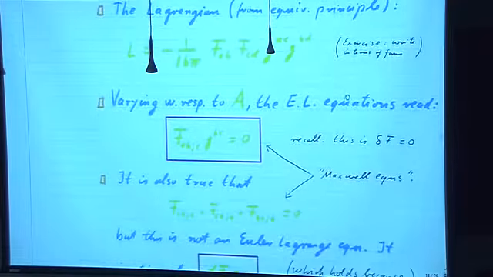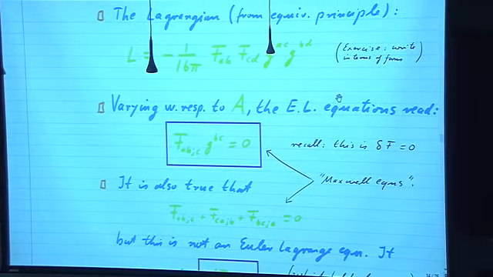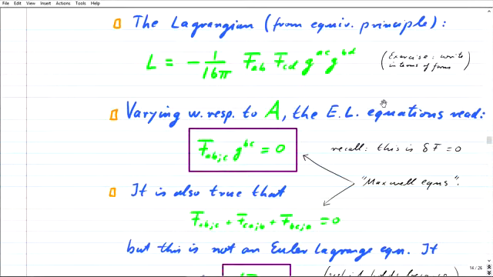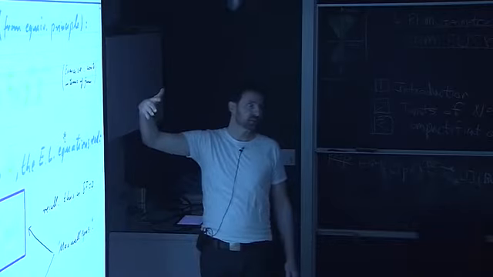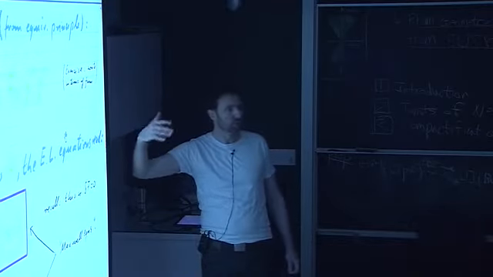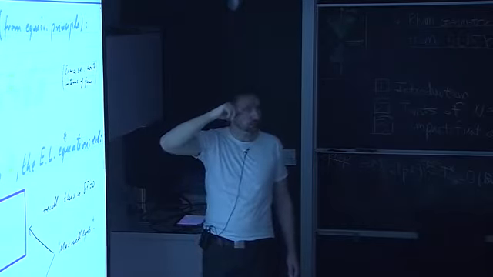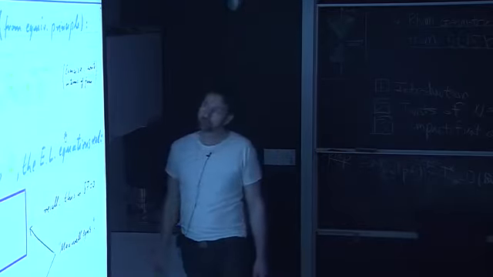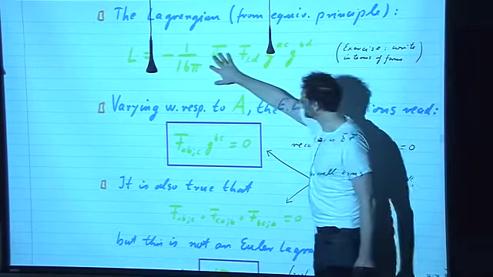Then the Lagrangian of electromagnetism can again be inferred by using the equivalence principle and by using that we know how the Lagrangian of electromagnetism looks in Minkowski space. And this is the Lagrangian.